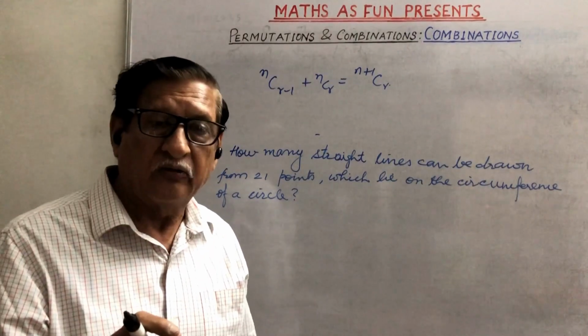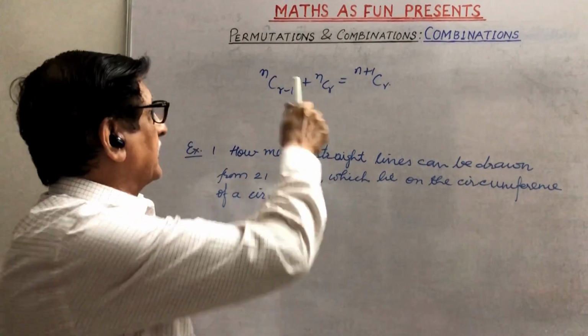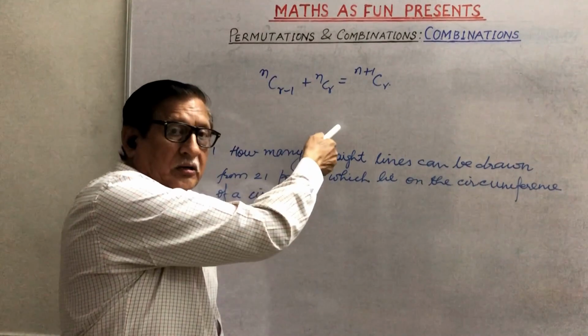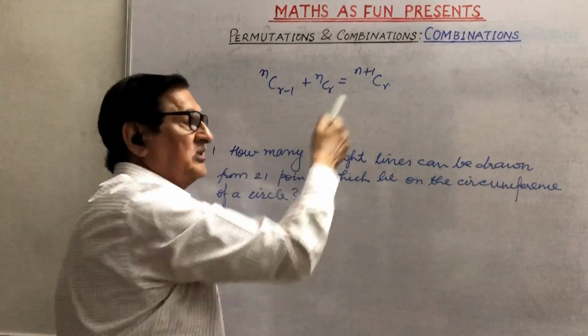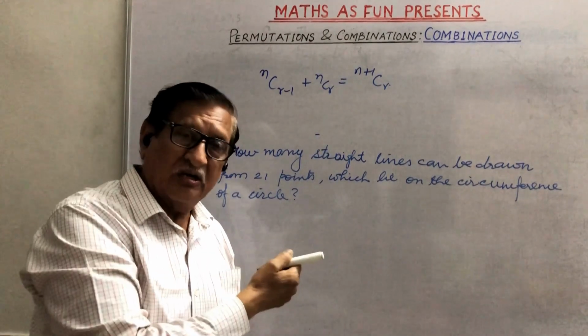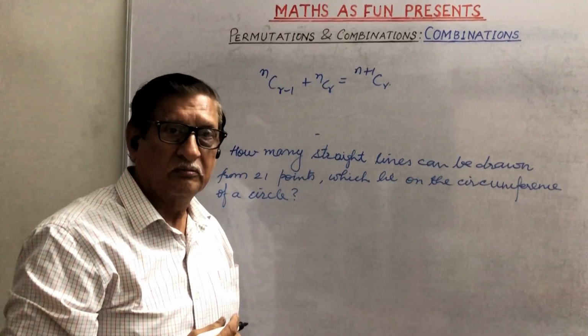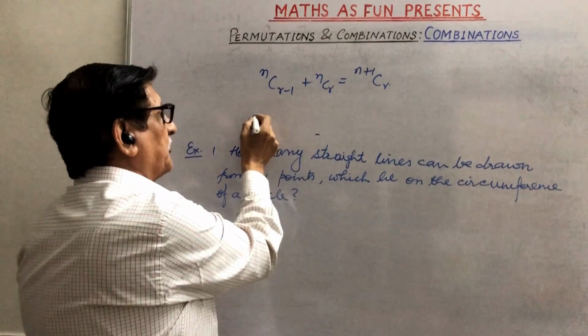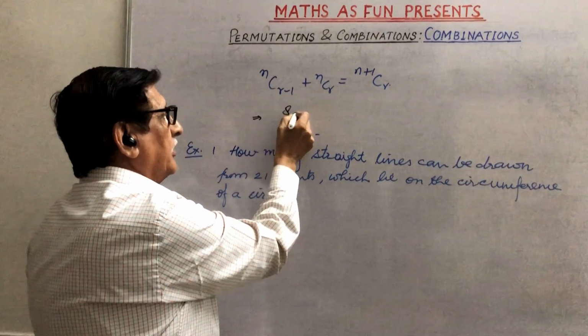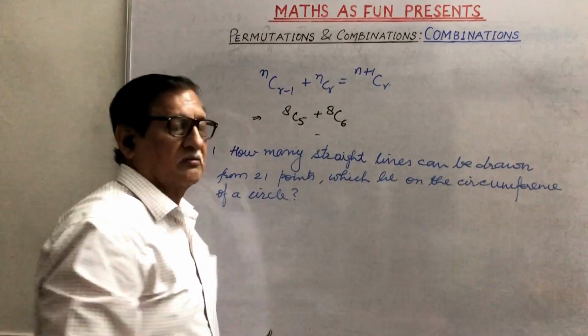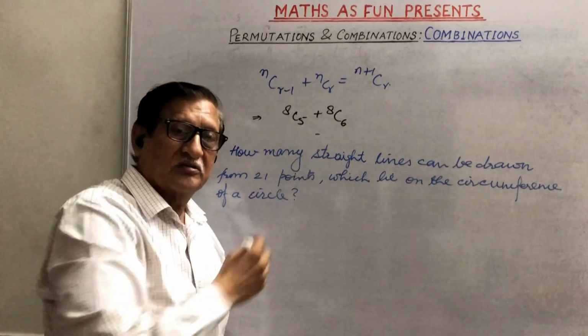One more property of the combinations we have, that in case we have nC(r minus 1) plus nCr, that is same as (n plus 1)Cr. And very easily you can prove it by applying the values of nCr and all. Based on this, suppose you have been given somewhere 8C5 plus 8C6. What is the value of this?